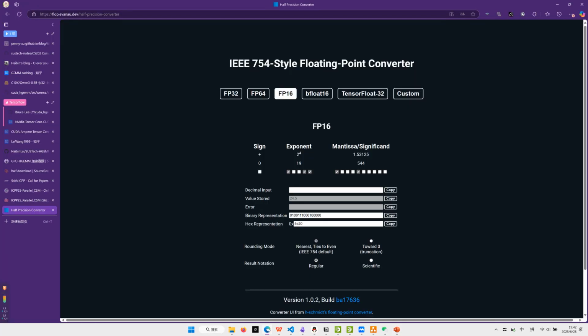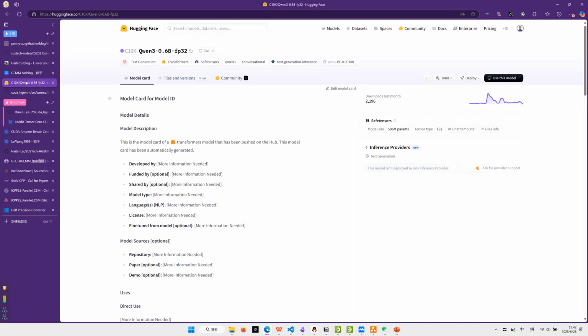Here we can do an experiment from Hugging Face. For example, there is a model here, the Qwen 0.6B FP32. How much does it cost inside the memory? Since it's 0.6B, it has 0.6 billion parameters, and all of the model's parameters are stored in the FP32 version.